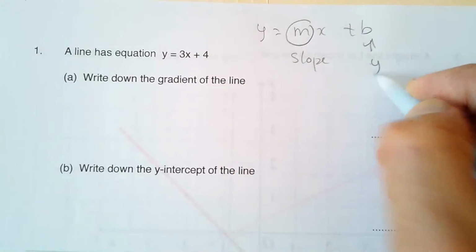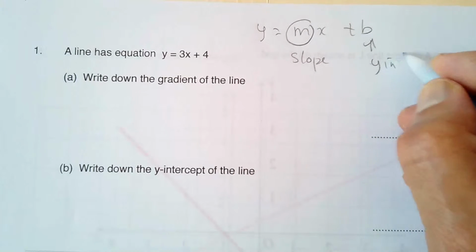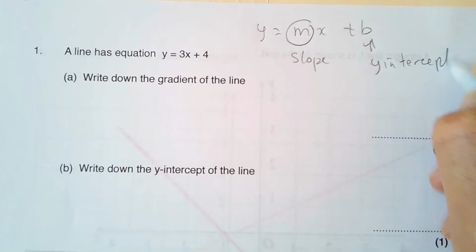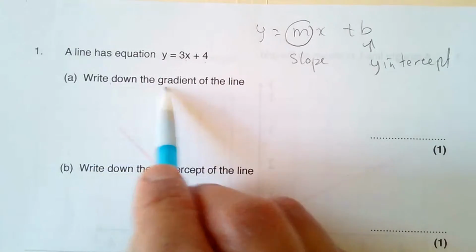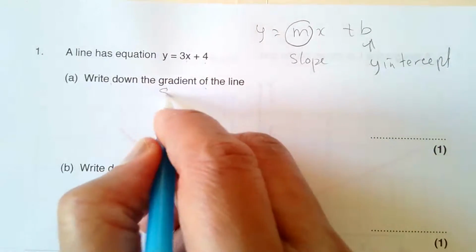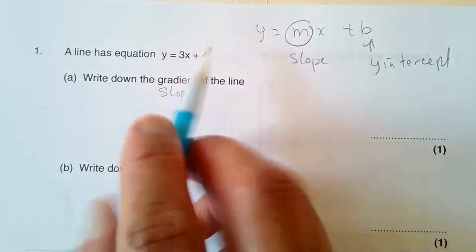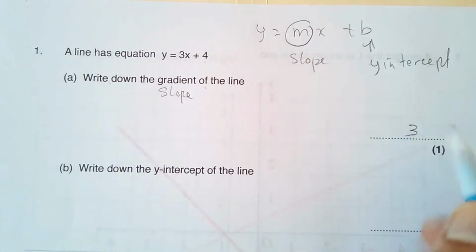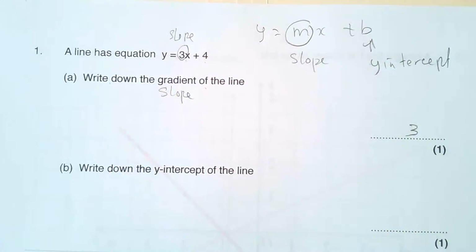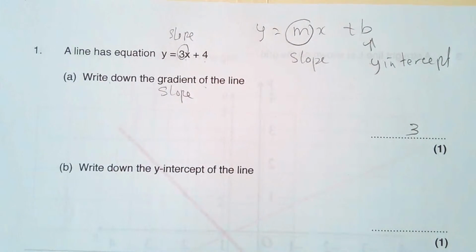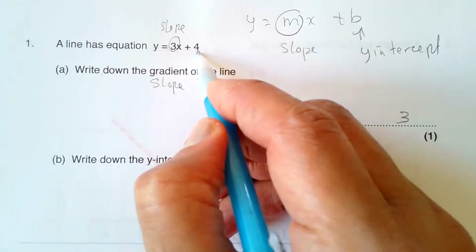This is my y-intercept, where it crosses the y-axis. So write down the gradient of the line, which is the slope of the line also. The slope of the line would be 3. So my slope here. The y-intercept is 4.